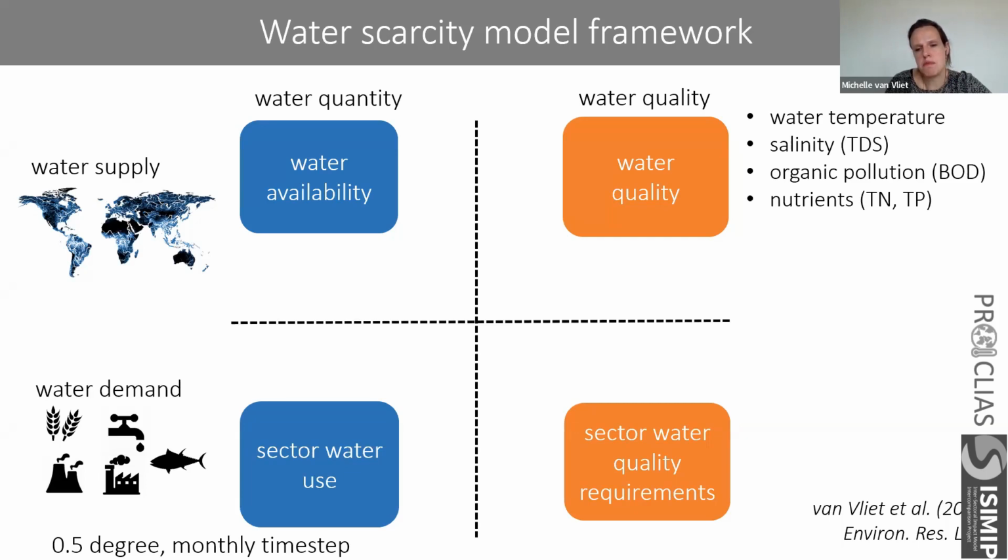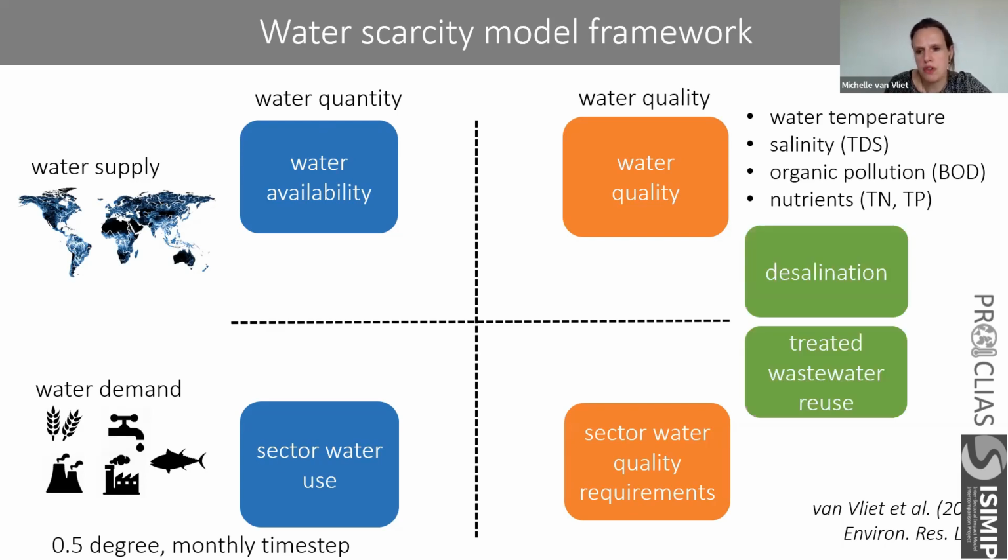So by linking those simulations of water quality to the sector-specific water quality requirements, which we derived from international guidelines and also legislation for each individual water quality constituent and each of the main water use sectors.